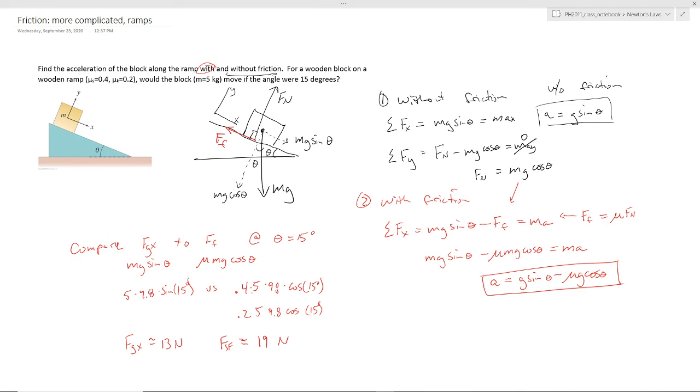So what that means is that the force of static friction could be as large as 19 newtons. Remember, it's as big as it needs to be to match the applied force. So when I say 19 newtons, let's say up to 19 newtons. So that means if this thing is sitting there, the force of friction will be larger than the force of gravity along the ramp, so it wouldn't move.